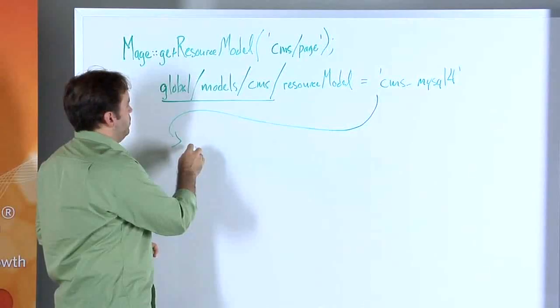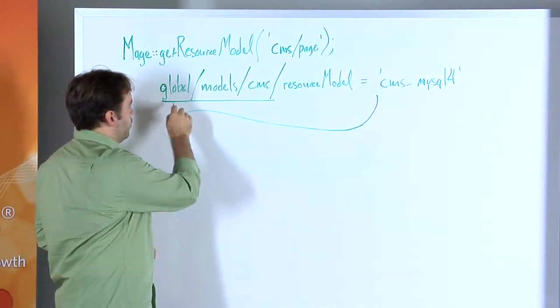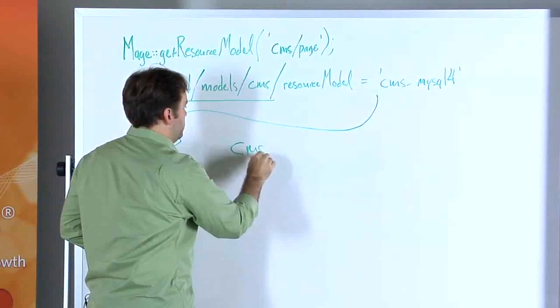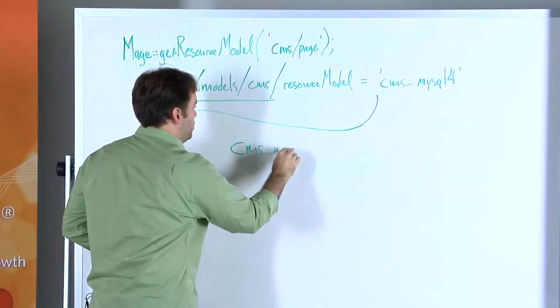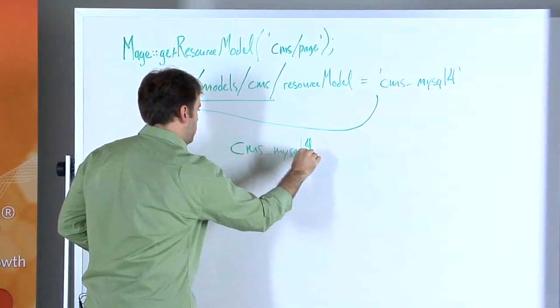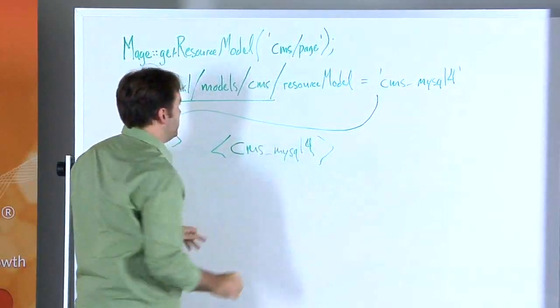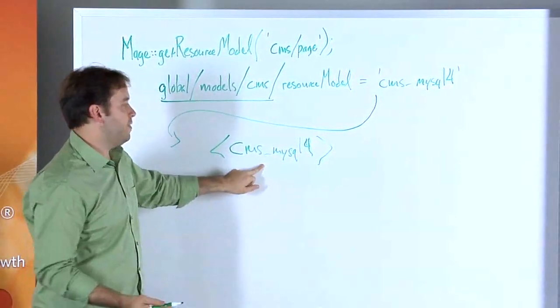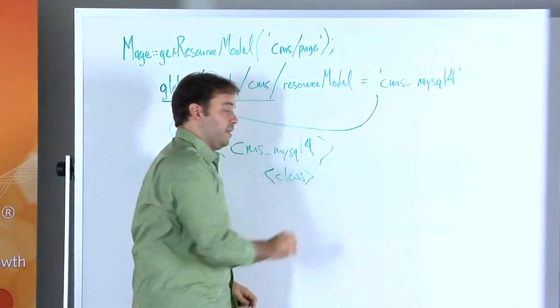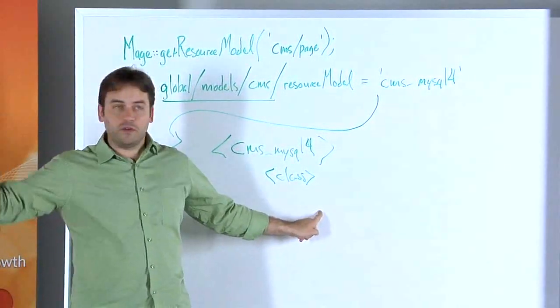And we'll end up looking under global, models, CMS, MySQL 4. So this is itself a node under global models. And then in there, it's the same thing that we've seen already with a class name. And in our case, what's important is the rewrite node.